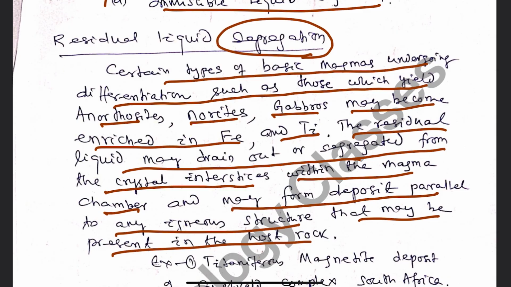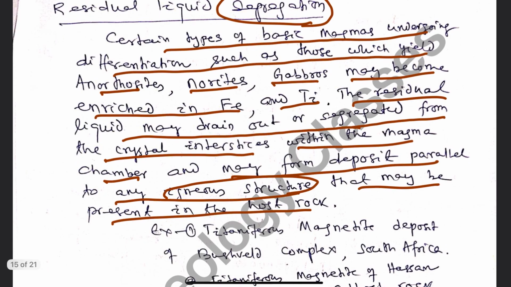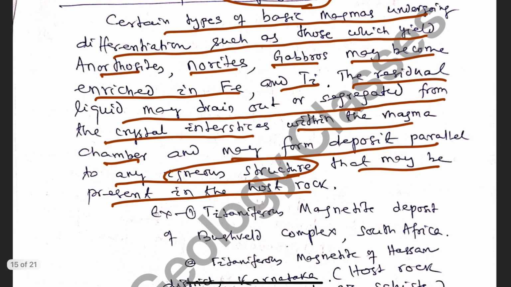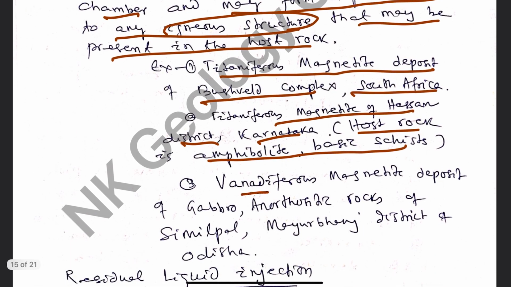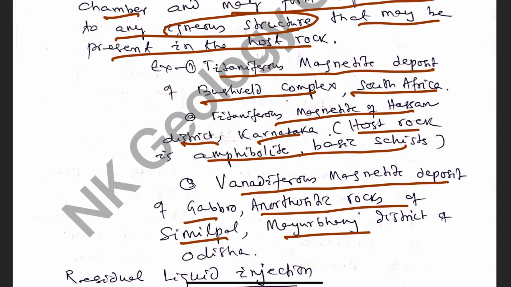So there will be segregation of mineral components along suitable igneous structural planes, or accumulation of these minerals along suitable planes, such as titaniferous magnetite deposit of Bushveld complex, South Africa, titaniferous magnetite deposit of Hassan district, Karnataka. The host rock is amphibolites and basic sheets. Then vanadiferous magnetite deposit of gabbro, anorthositic rocks of Similpal, Mayurbhanj district of Odisha.